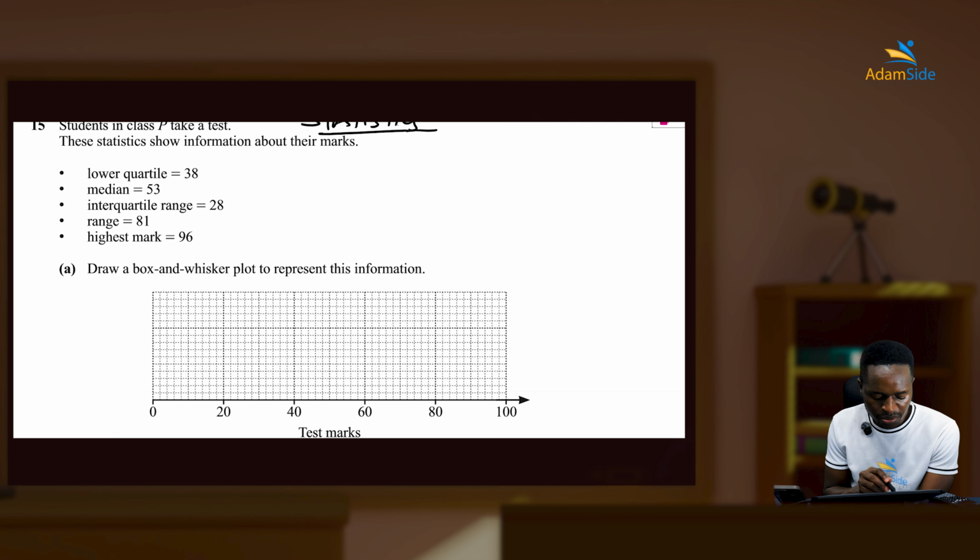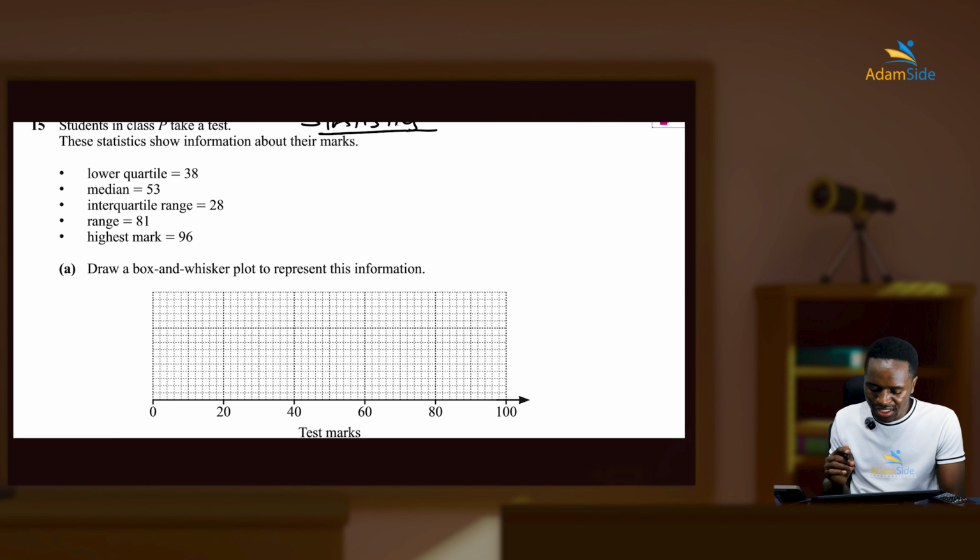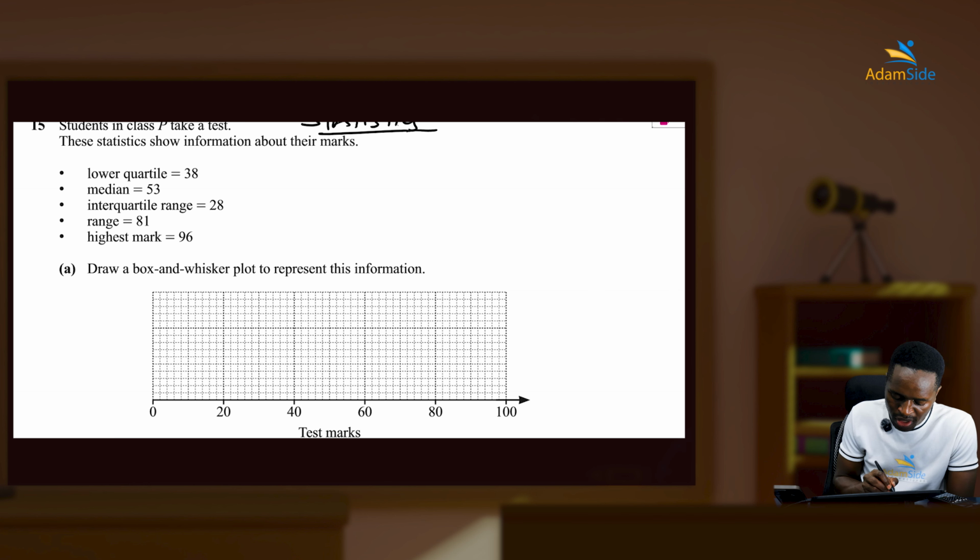You have lower quartile, median, interquartile range, and highest mark. What we need to do is draw a correct box and whisker plot.